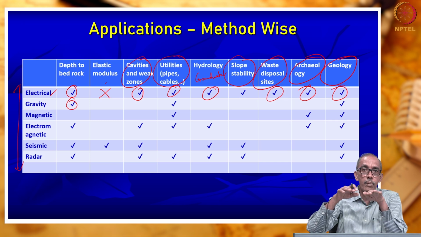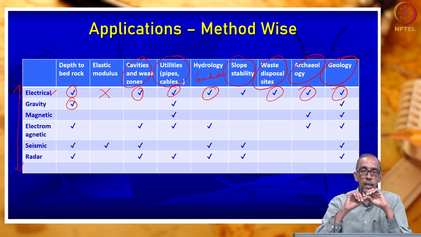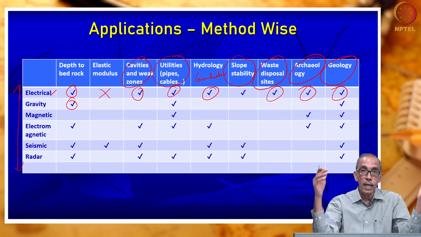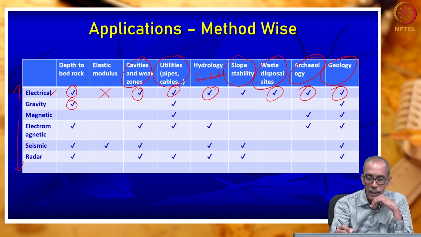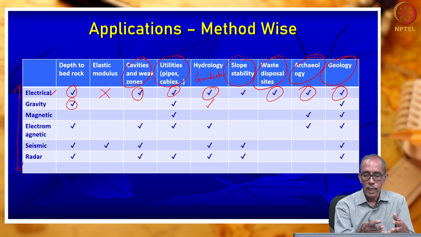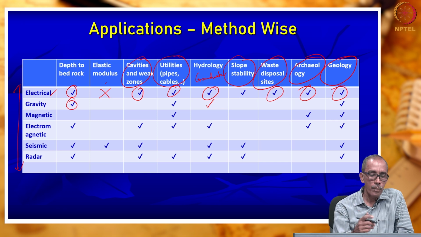Due to the plate boundaries, what happens to the Earth's crust can be studied synoptically over a large area by gravity methods. Gravity methods also are used today in hydrology to understand the change in water balance. Change in water balance affects the Earth's gravity, that can be picked up. So, like that, I have put the tick mark.